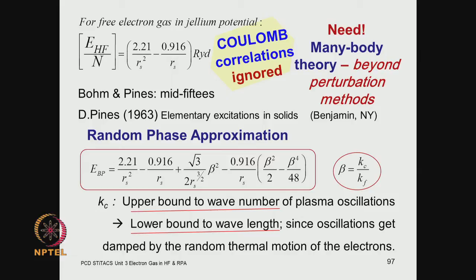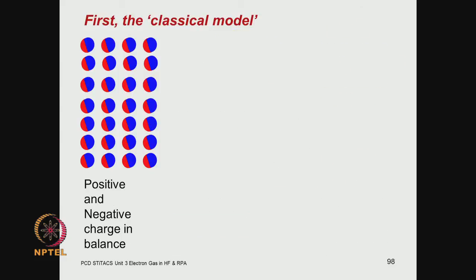Kf is our old friend, which is the value of K at the Fermi level, and Kc is an upper bound to the wave number in what turn out to be plasma oscillations, and corresponding to that there is of course a lower bound to the wavelength. This lower bound on the wavelength comes because the oscillations get damped by random thermal motion of the electrons. So, I will tell you what these oscillations are and what is causing them and how to get these parameters.